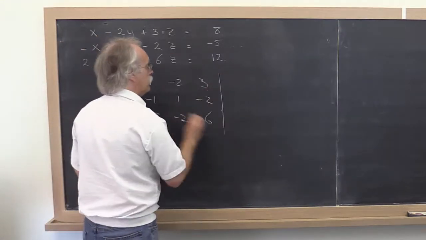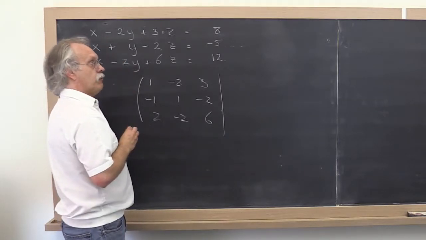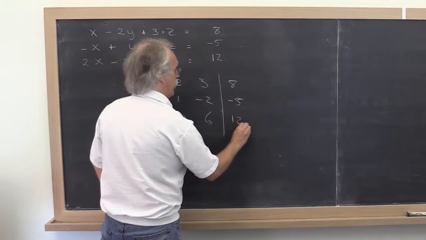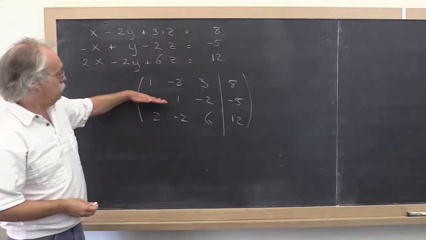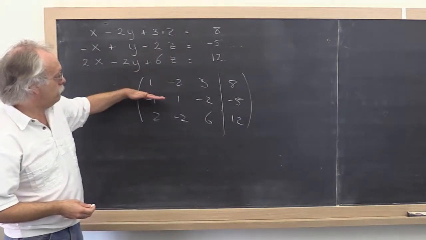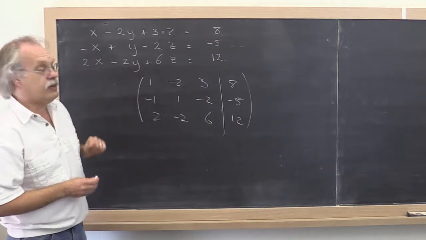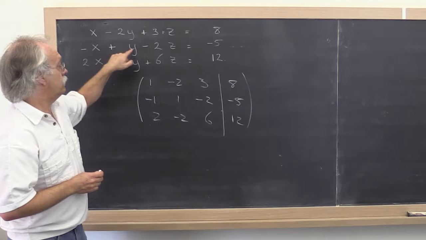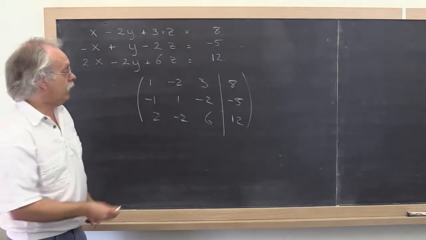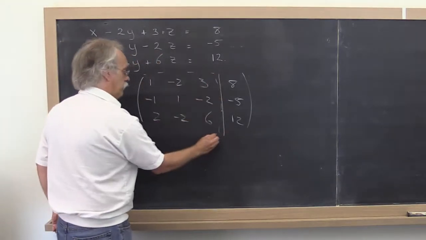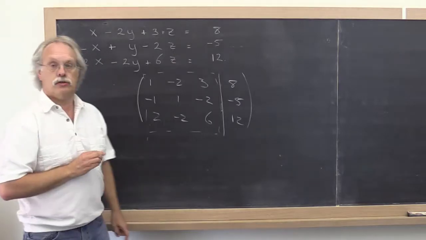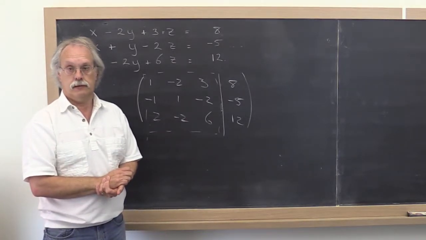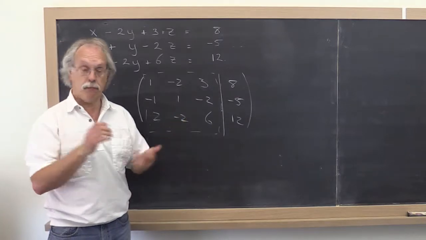And then you may have been told to append the right-hand side like that. And now what you can do is just do multiples of the rows of coefficients as you go along, instead of also having to write these x, y's, and z's around. And lo and behold, this may have been your first exposure to what was then called a matrix. Okay? So this may come back to you.